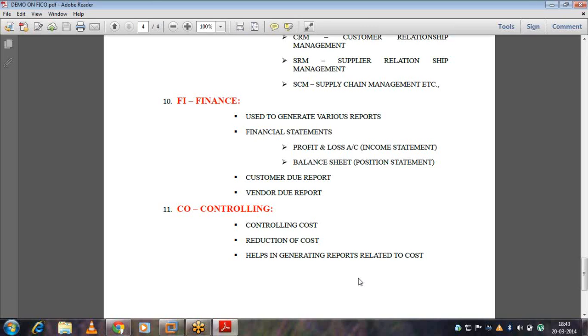Okay? Now here, the controlling module will help the business organization. It will tell the organization how to reduce the cost to the maximum extent possible. That is the reason why the controlling module helps the business organization in reducing the cost. While developing the controlling module, SAP has taken a lot of care.